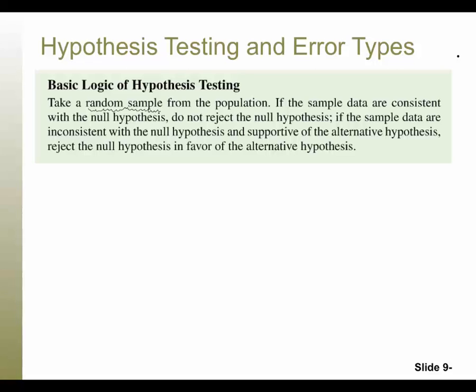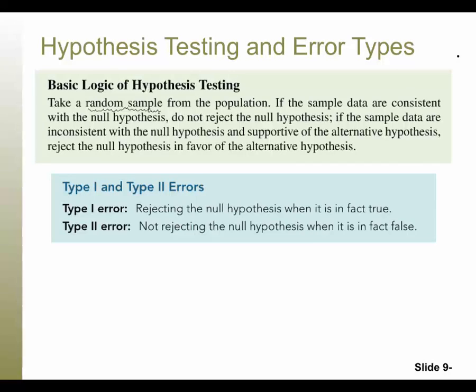So this is how it works. It's not that we're going to conclude that the population mean is this value. It's that we're just going to not reject that and say it's possible that the population is that value, or we reject the null and we say we can conclude with some amount of significance that no, the population mean is not that value.